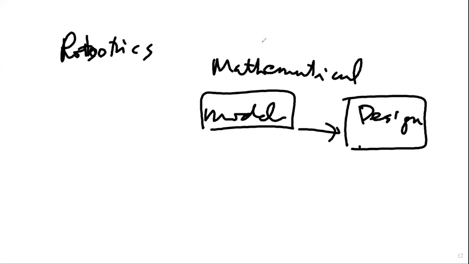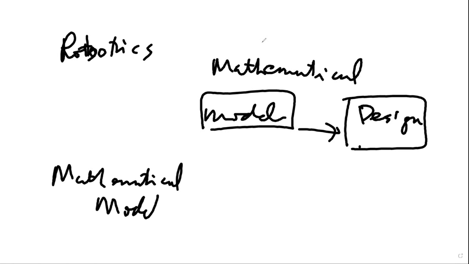So basically, every piece of the hardware design or software design comes from mathematical modeling. At that stage, we call it system modeling.